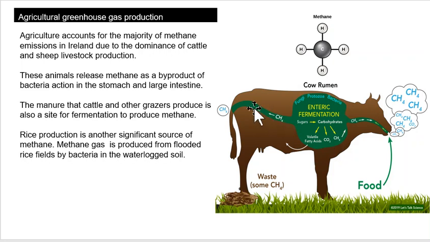Then this methane leaves the animal, and as a result, the methane that is produced in the animal's stomach is released into the atmosphere, and it goes up and forms part of the atmosphere. And as we know, methane is a greenhouse gas.